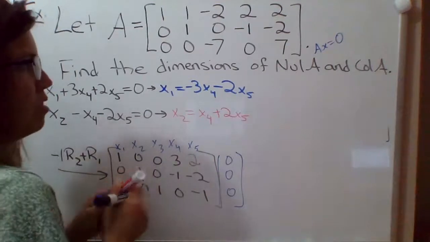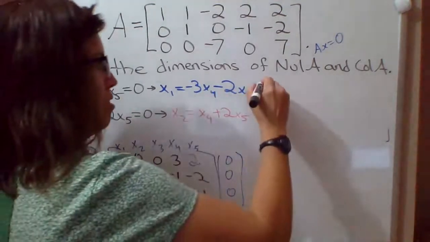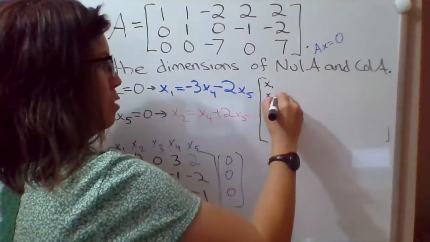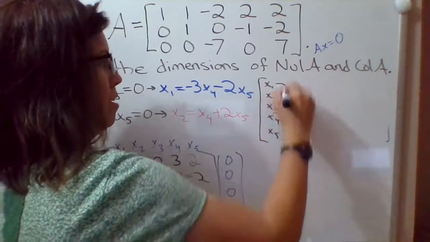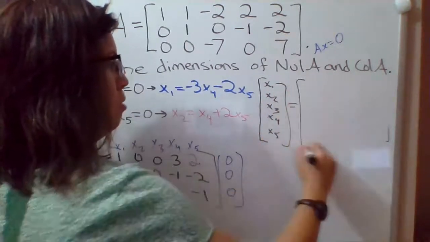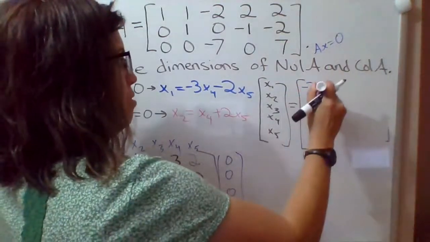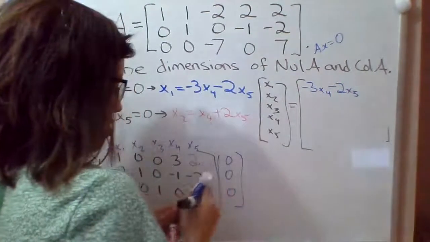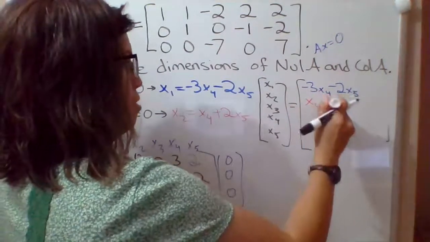So for any vector in the null space, our vector x, which is going to have 5 entries x1, x2, x3, x4, x5, will equal: x1 is negative 3x4 minus 2x5, x2 is equal to x4 plus 2x5.